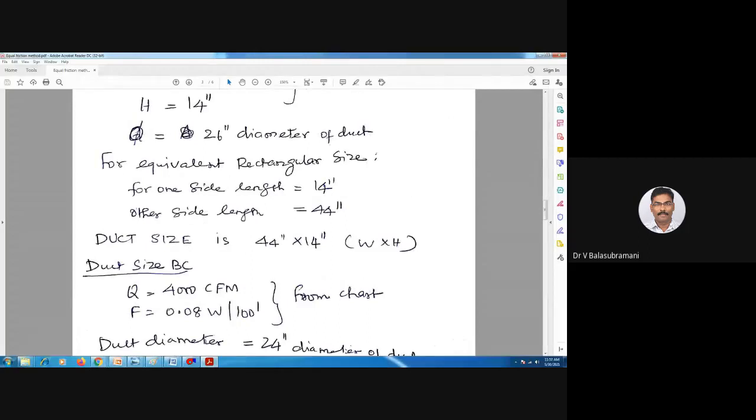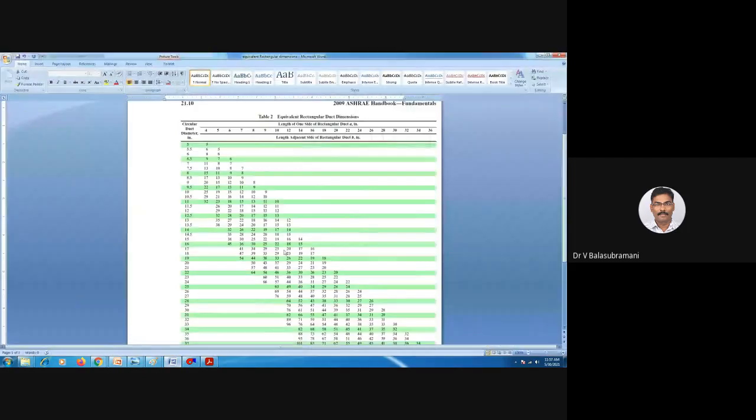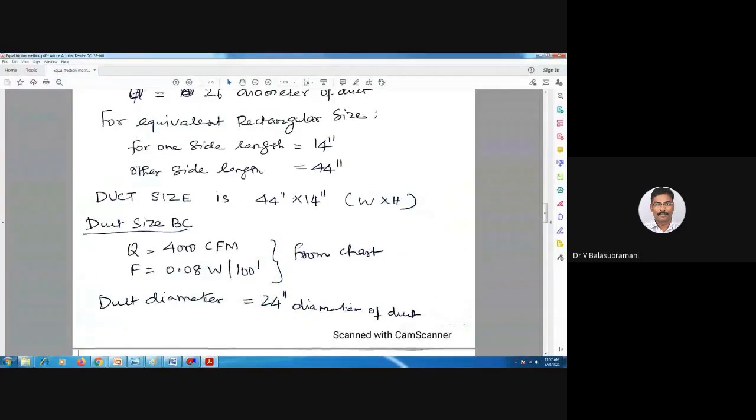So for one side, the length is equal to 14, and the other side is calculated from this table. You see the 14, the equivalent diameter is 26. Here you can see 26 and 14, sorry, 44. So the size of the first duct is equal to 44 cross 14 inches.